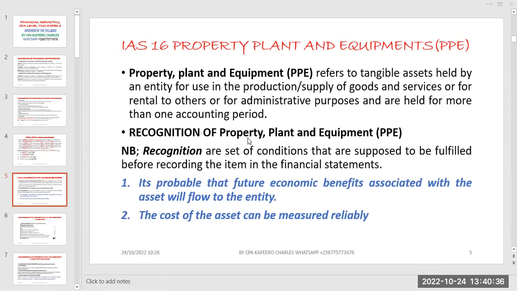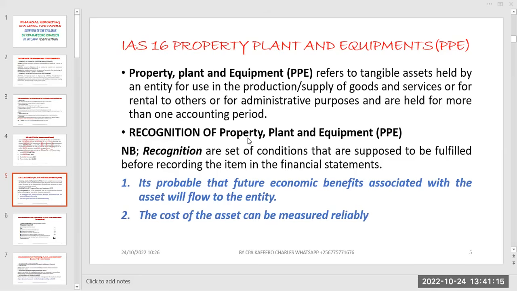There are these financial instruments, shares and bonds and all that other instruments as we know them. That's accounted for in another standard, IFRS 9. So when you talk about PPE, before you read anything, just know it is mainly for those assets that are used to earn revenue in the business, and they are used in the production and supply of goods and services, or they are used for administrative purposes.